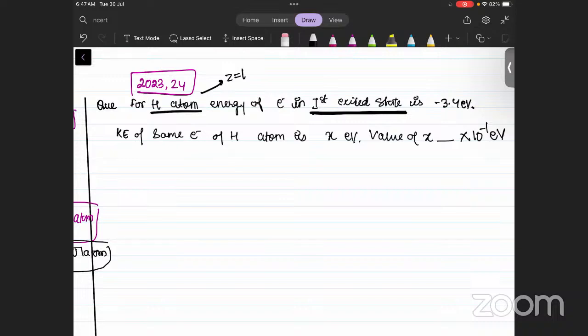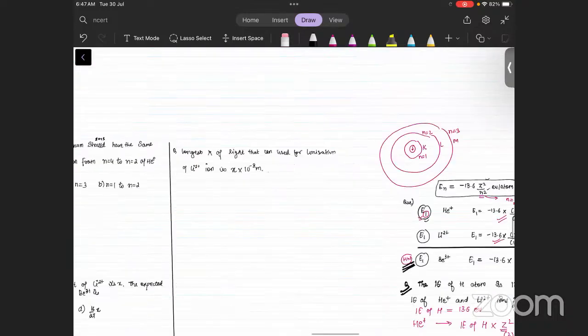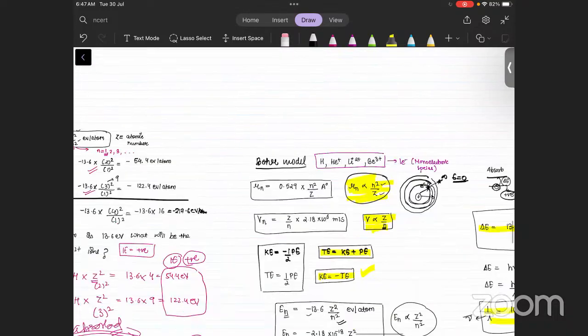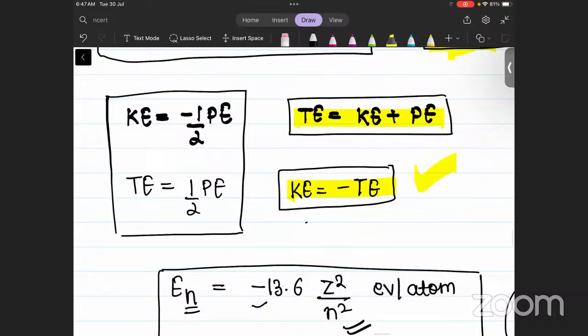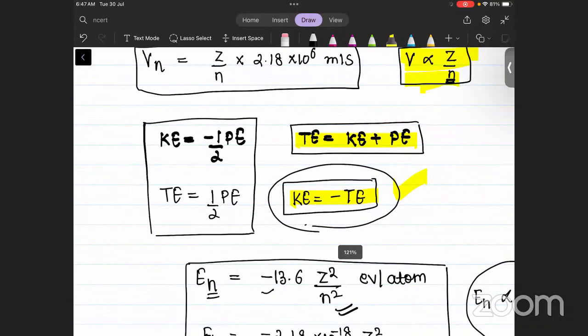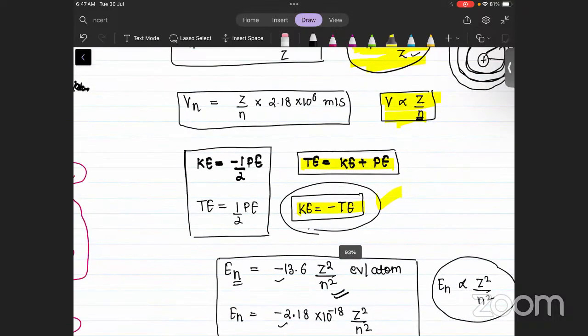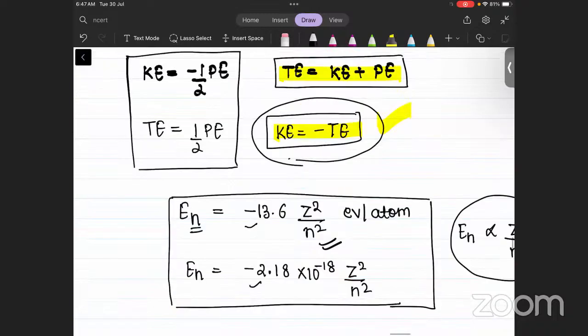Yes, this is a very easy question, very, very easy. If you have paid attention, I'll show you again just to help you see. This is what you have to use. And total energy is, this is what the total energy is, right? En.